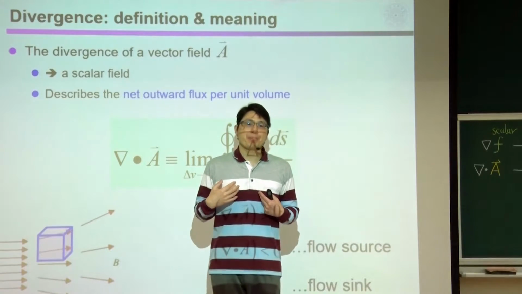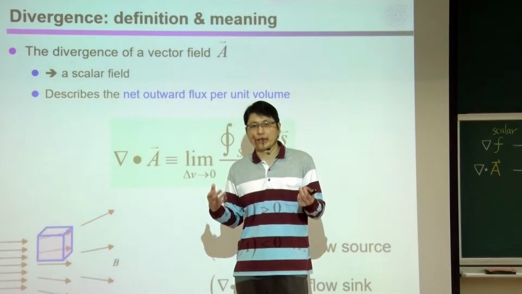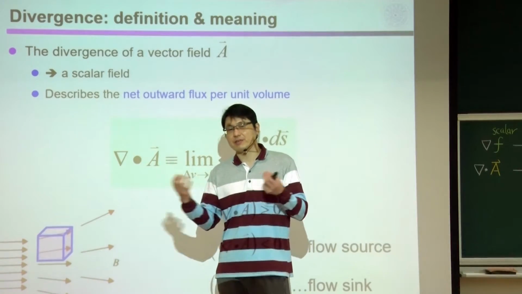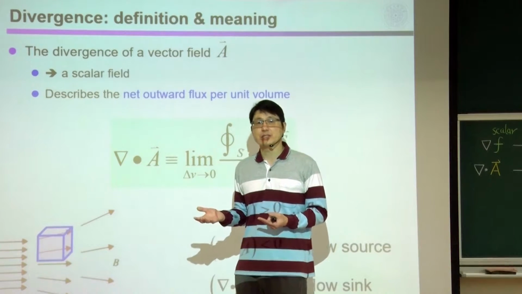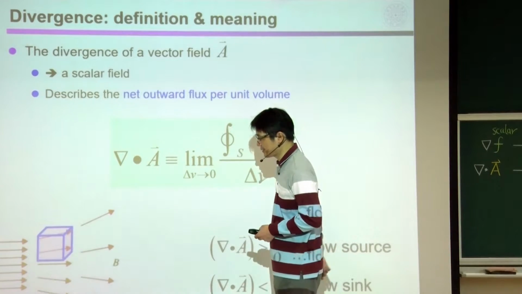For me, the best analogy for fields is water, because we encounter water every day. Water flows with a certain velocity and direction, so it's a very nice analogy for our understanding.